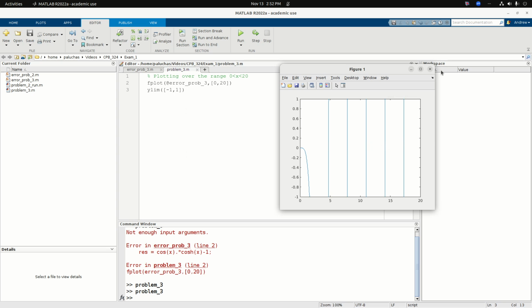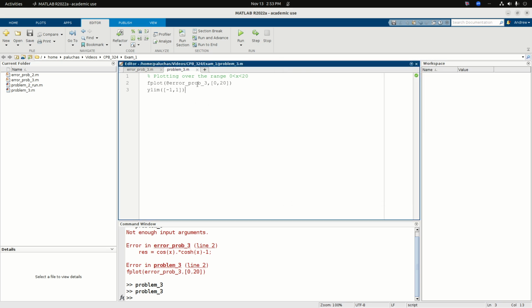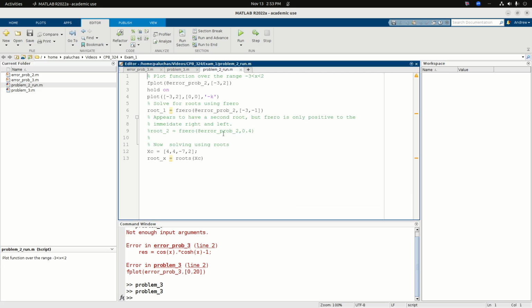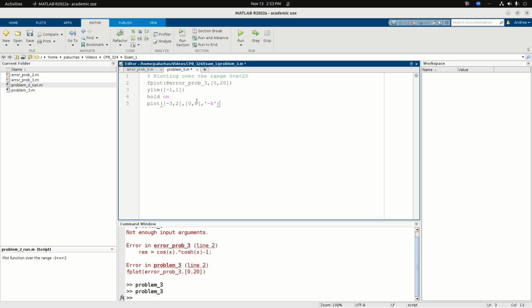If I want to make it clear where those are, I'm actually going to cheat. I'm going to come back over to problem 2 and copy this. This though is going to go from 0 to 20. I'm going to plot a horizontal line, so 0, 0 to 20, 0.